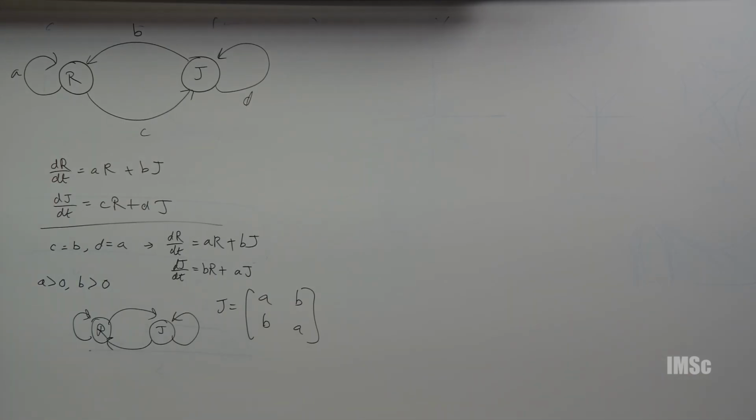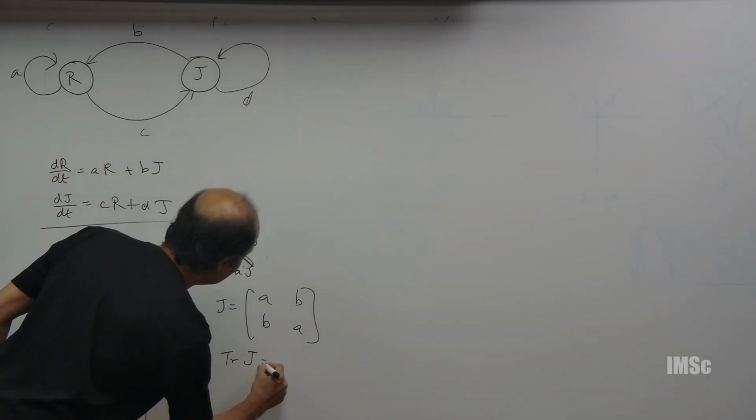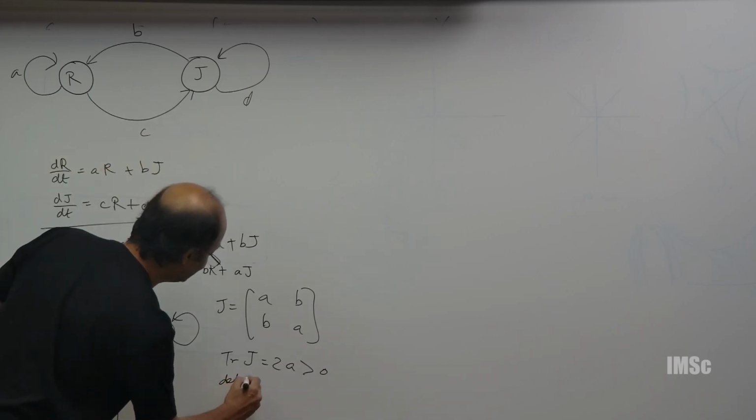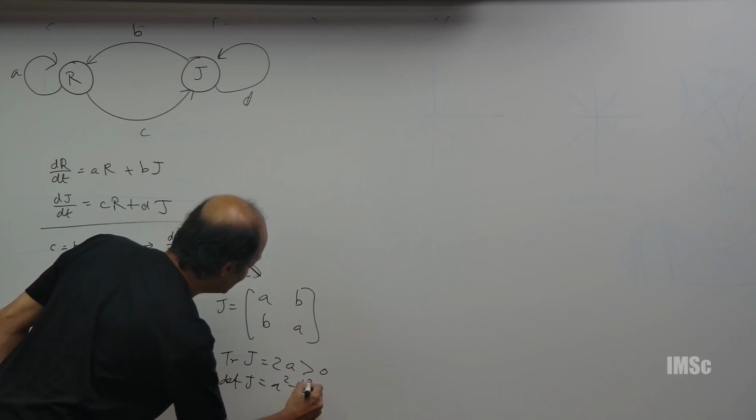So just look at what is the trace and what is the determinant. So the trace is 2A, which is positive. What is the determinant? A square minus B square.